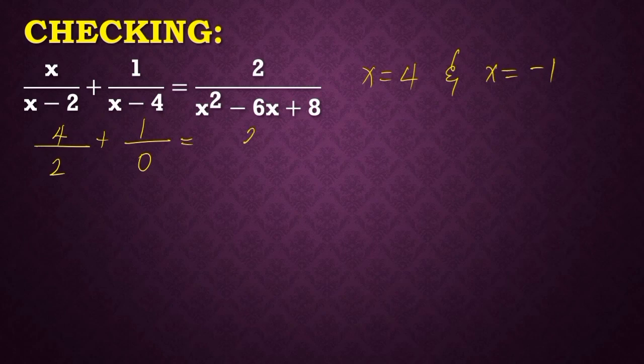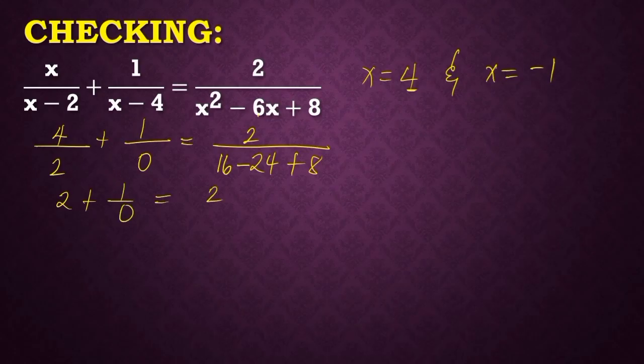Next, 2 over 4 squared, that is 16, minus 6 times 4, that is 24, plus 8. 4 divided by 2, that is 2, plus 1 over 0, equals 2 over 16 minus 24, that is negative 8, plus 8, that is 0. So, undefined po yung mga nakukuha nating sagot. It means x is equal to 4 is an extraneous solution. So, extraneous po ito.